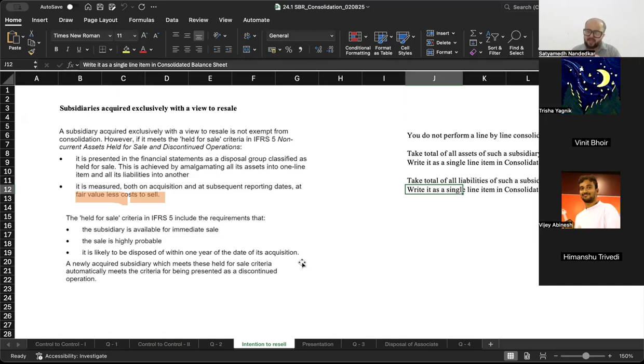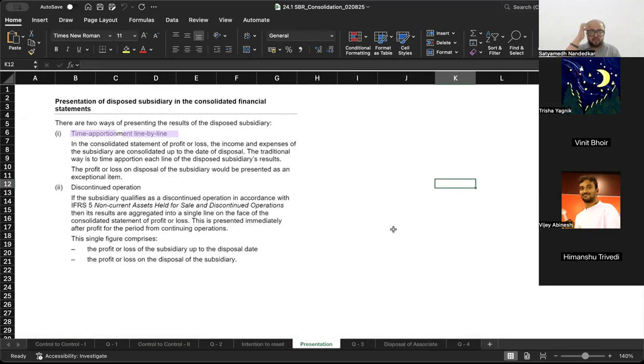Instead of doing a line by line consolidation, you take the total of all assets, write it there, take the total of all the liabilities, write it separately. Held for sale criteria has to be fulfilled, but consolidation will still happen. The CFO's argument cannot be that just because we have acquired this subsidiary with an intention to resell, we can choose to not consolidate that. That relaxation is not available.